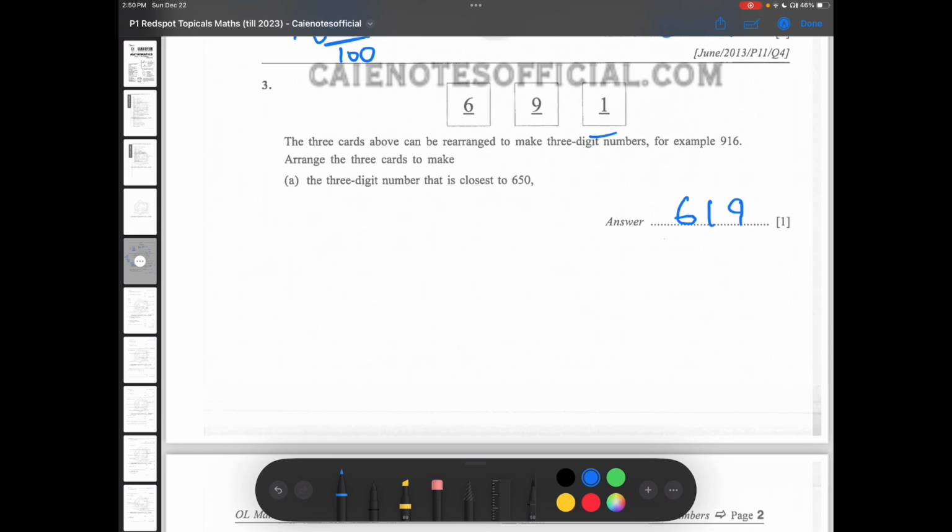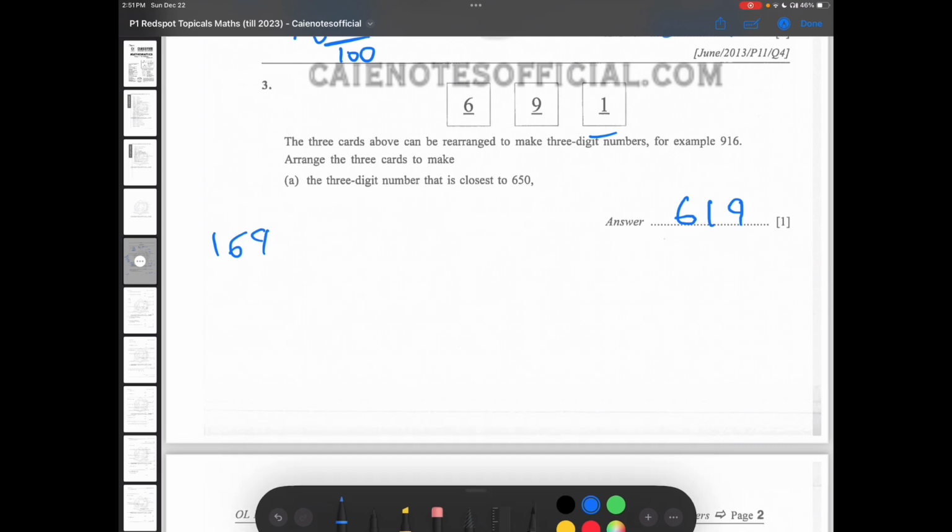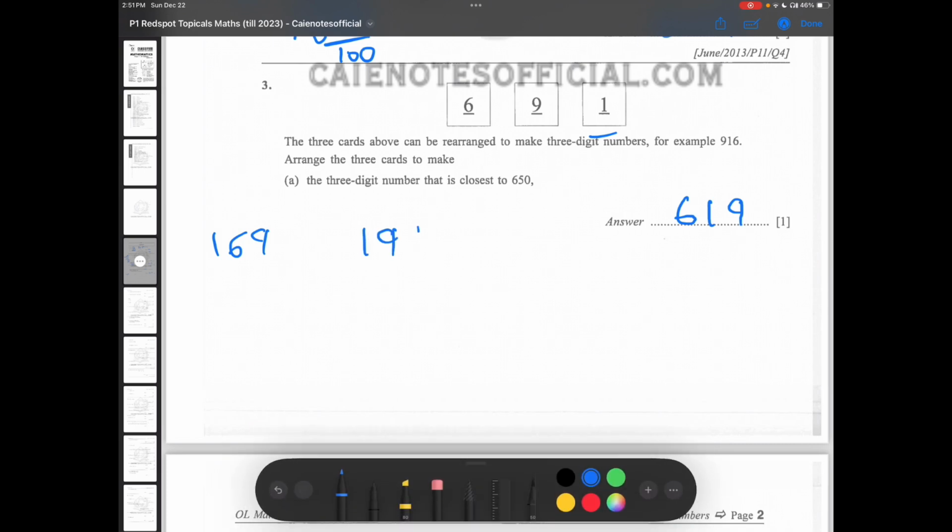Let's try 169. If we multiply 9 by 2, that will be 18. 16 minus 18 is minus 2, that won't come in the table of 7. So let's try 196. Now if I multiply 6 by 2, I will get 12, and we will subtract this 12 from the remaining digits, that is 19.